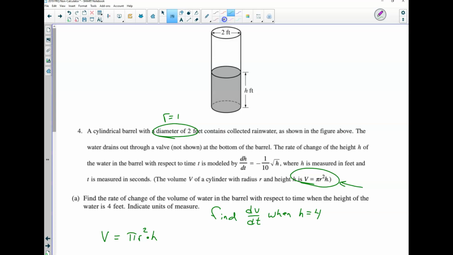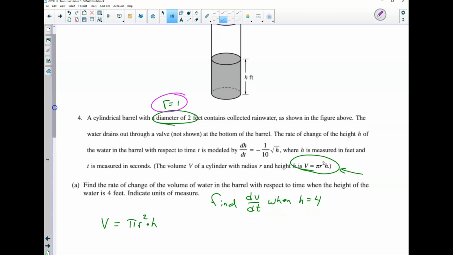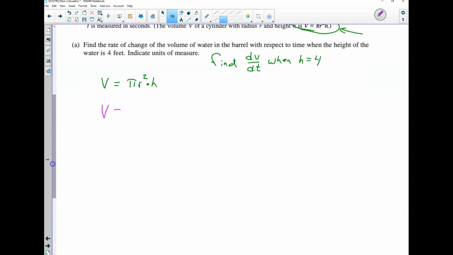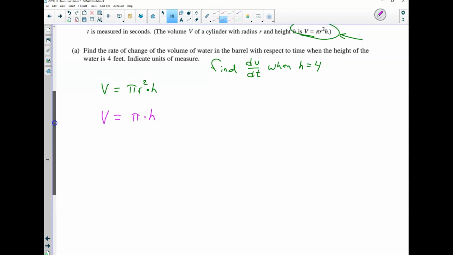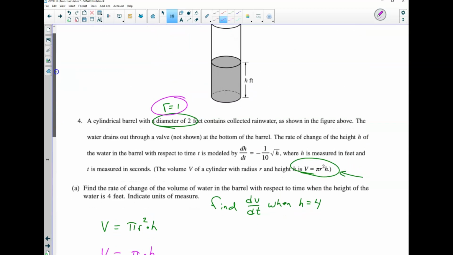So that means we can come down here, and because we know our radius is 1, the radius never changes, the height changes. So we're going to say, hey, we can find the volume of this thing, and it's just pi times h. That's how we find the volume of that cylinder of rainwater anytime we want it, because our radius is constant.